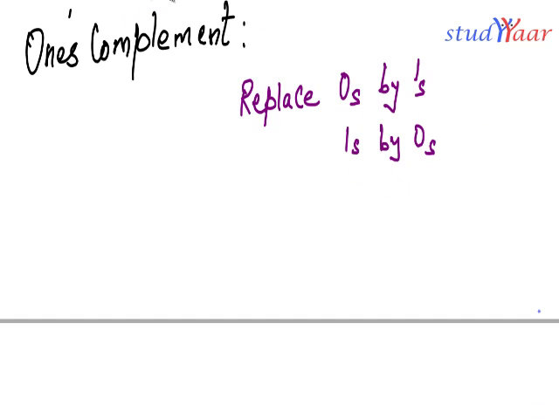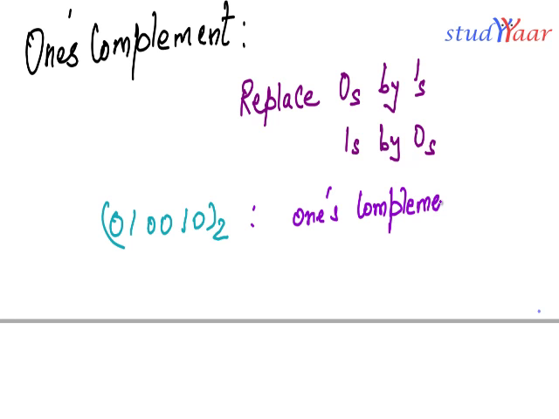So if I have a number like 010010 in binary, then its ones complement would be: replace 1 by 0 and 0 by 1.